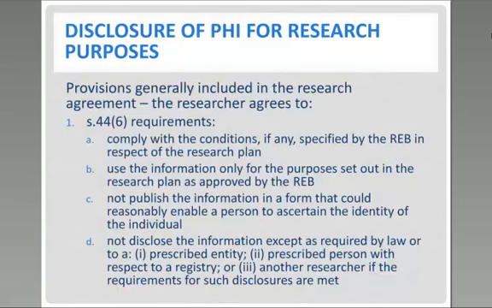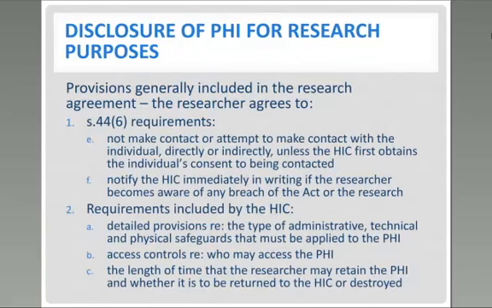So, for example, if as a researcher, part of your protocol requires contact with the individuals whose information you'll be using, that process should have been explained and set out in the research plan, and that you will be asking the hospital to do this and then only contacting the individuals who provide their consent. So all that part of the process is approved by the REB.